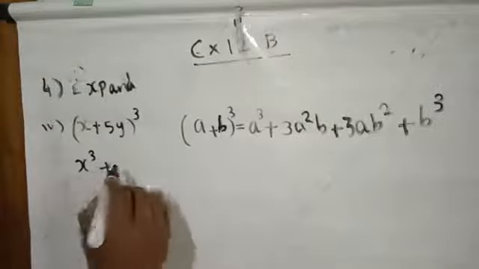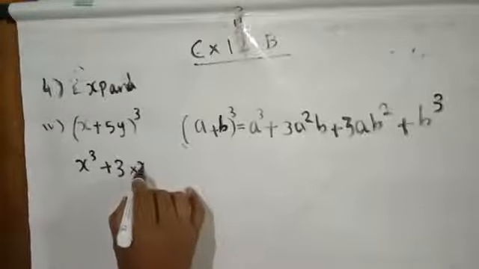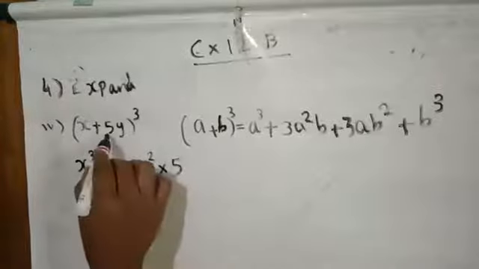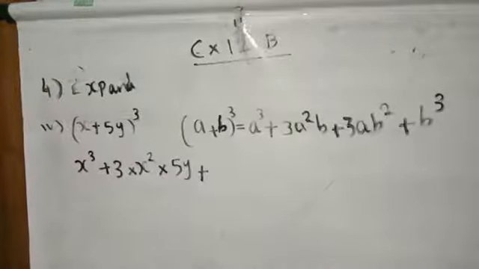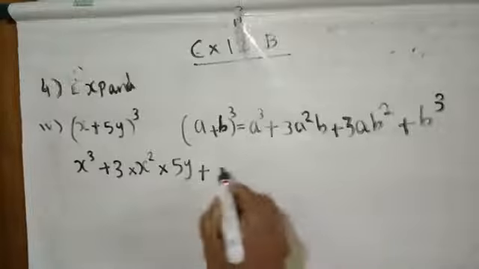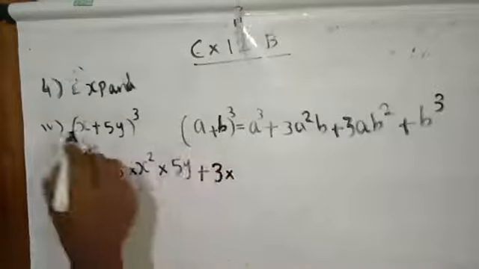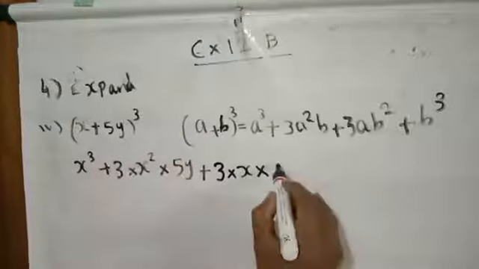plus 3 a square. What is a here? X. So x square into what is b? Here b is equal to 5y. Okay, plus 3ab square, 3 into a, in the place of a here x, into in the place of b here 5y.